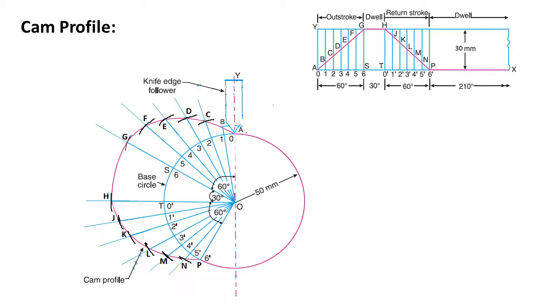To summarize, if the cam is rotating in the clockwise direction, we draw the profile in the anti-clockwise direction. We make divisions on the base circle, as many as we have drawn in the displacement diagram for the angle, and we get the cam profile like this.